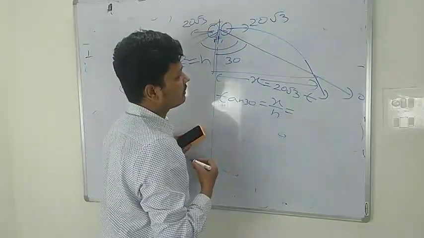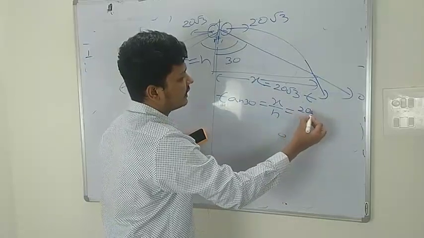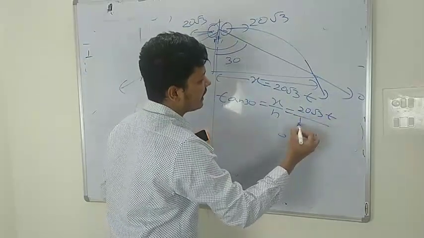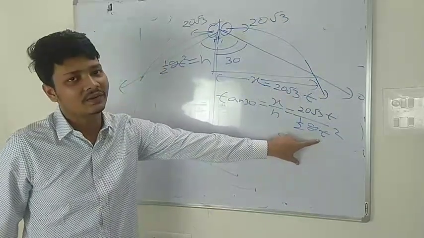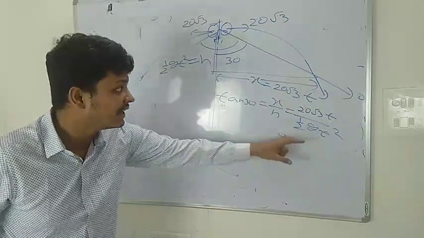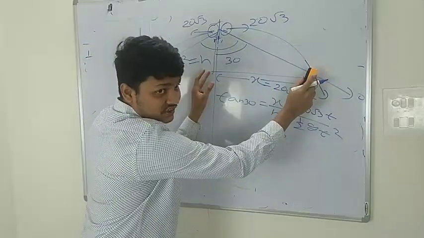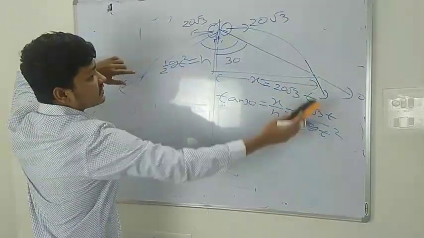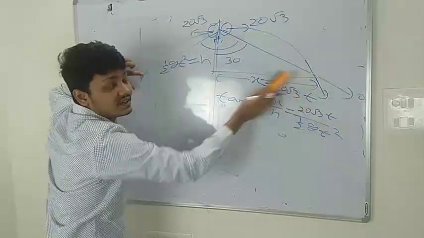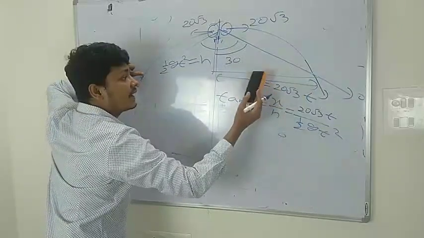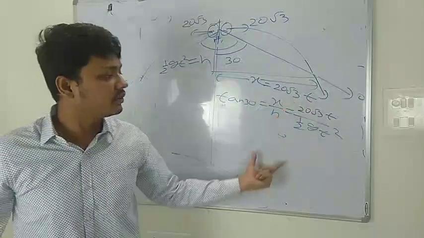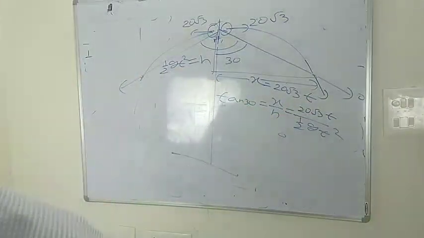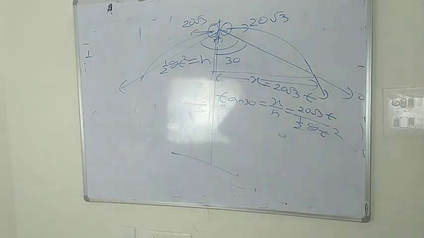So tan 30 is equal to 20 root 3 t by half g t square. That means you get the value of t, and that means you get the value of x. And they are asking us the horizontal distance between these two, that is 2 times this distance, 40 root 3 into t. Find t from here. Next one is the 16th one.